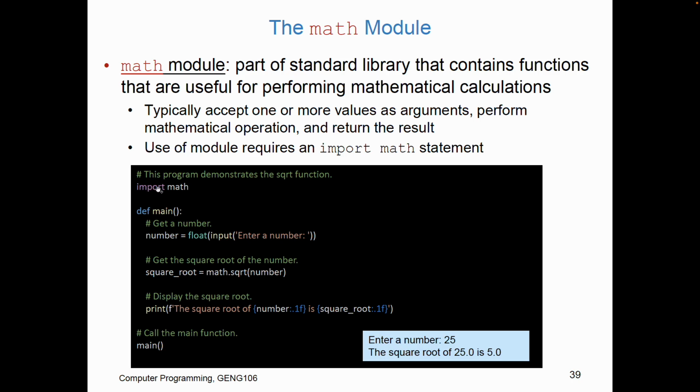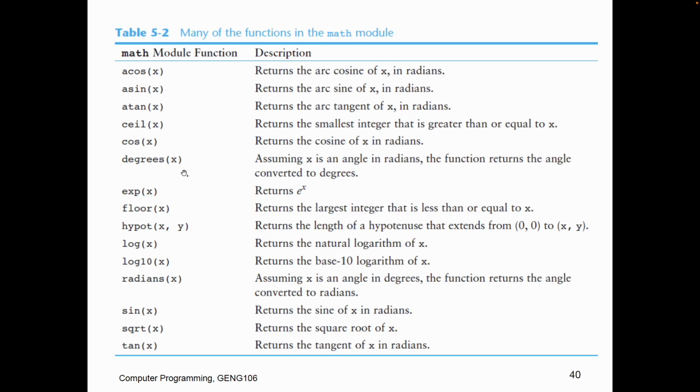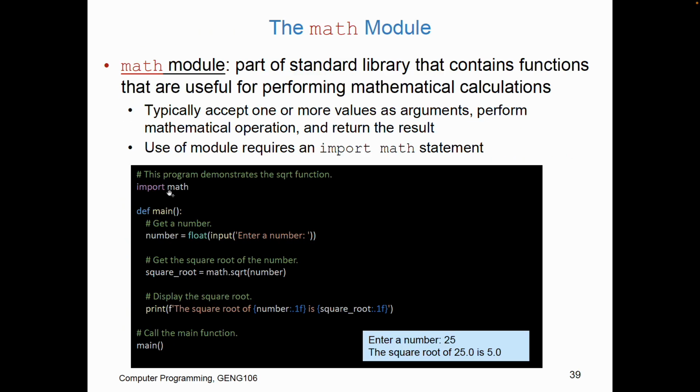If you just say import math, then you can use all the functions that it provides, and it provides many of these, like taking exponent, logarithm, sine, square root, tangent, and so on. For those functions, you don't need to re-implement them. You can just import it and then use it. For instance, in this example, we are asking the user to enter a number.